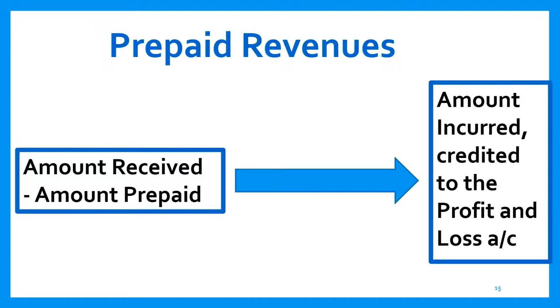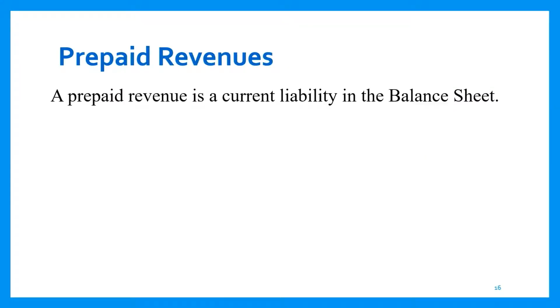At the beginning of the accounting period, there may be a prepaid revenue. Any revenue received during the previous period but attributable to the current period must be added. Prepaid revenue is entered as a current liability on the balance sheet.